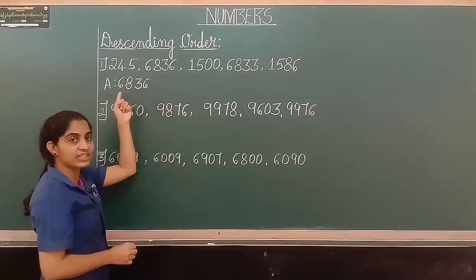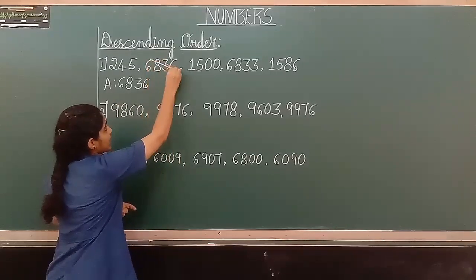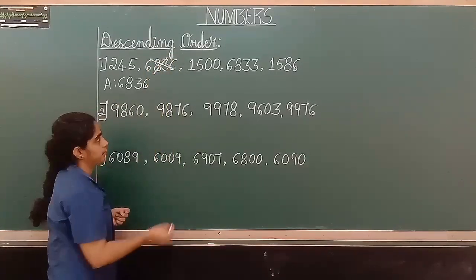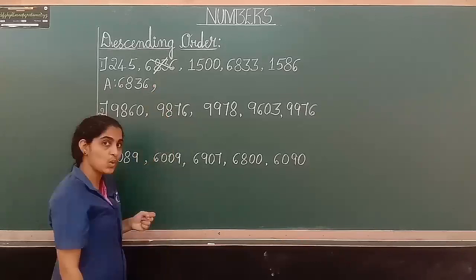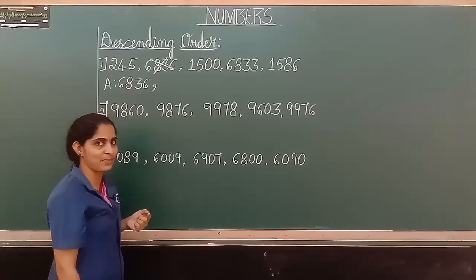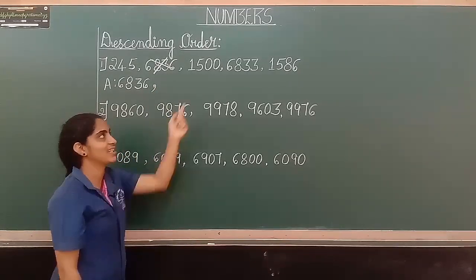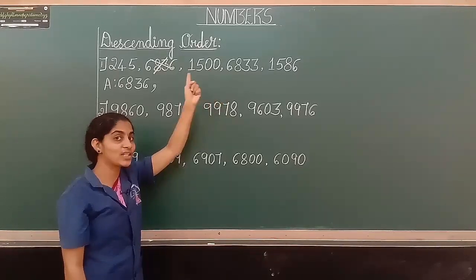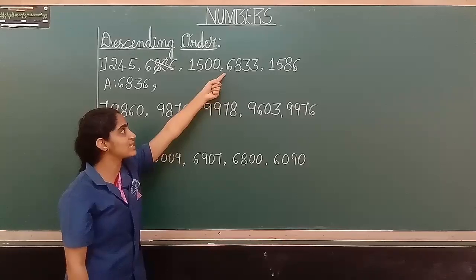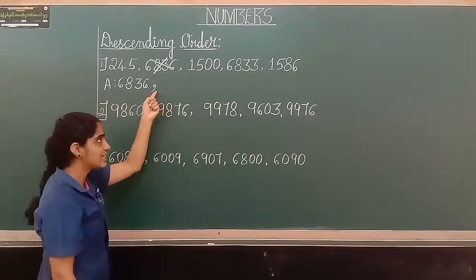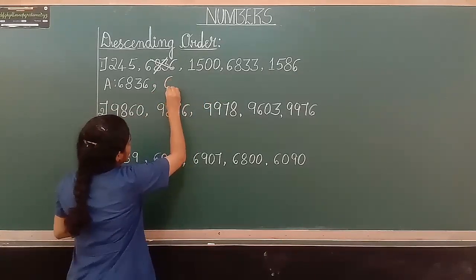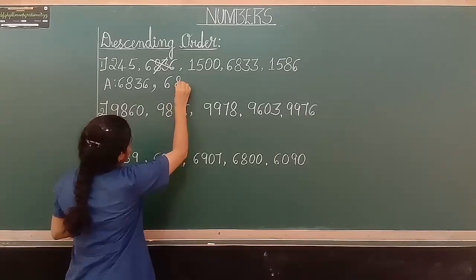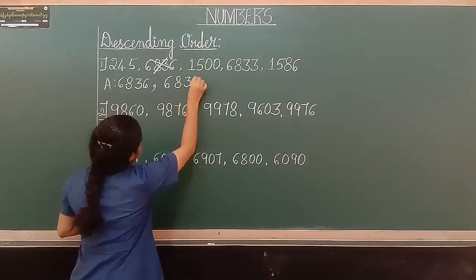So as we have written this number, let us strike out this number. Now, which is the next greater number? You know that this is the next greater number, right? We have already compared. So this number we have to write next: 6,833.